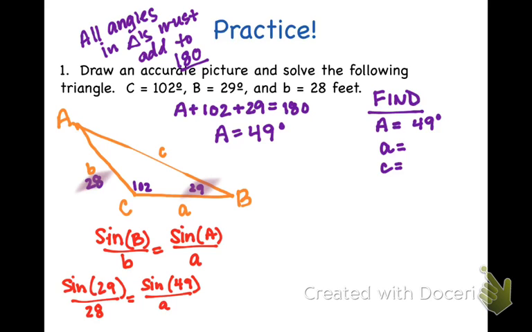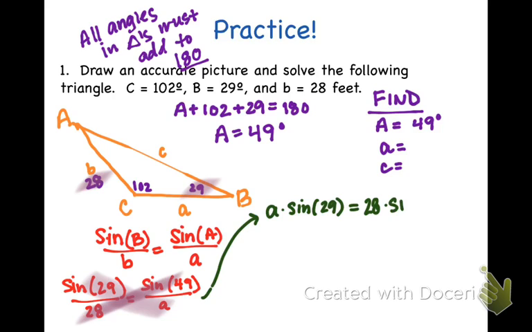That's not always easy. Okay, we have one fraction equal to another, so we have a proportion. Whenever you have a proportion, you want to cross multiply. I want to multiply across my equal sign there, so I get a beautiful A times sine 29 equals 28 times sine 49.